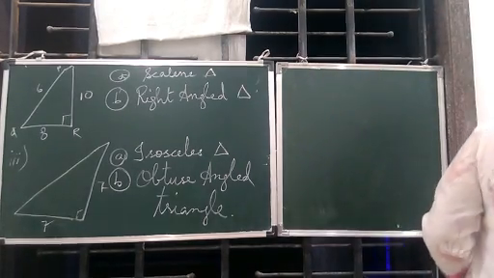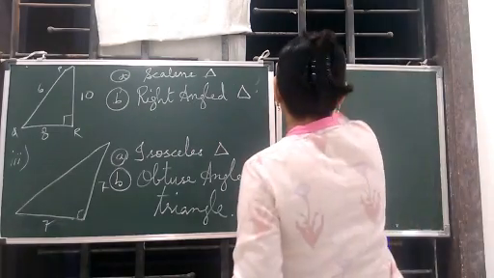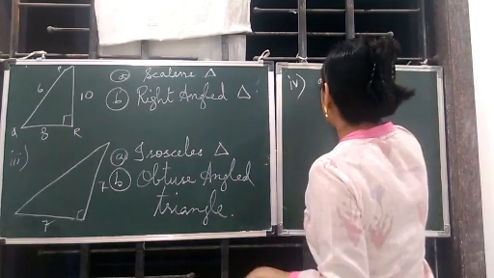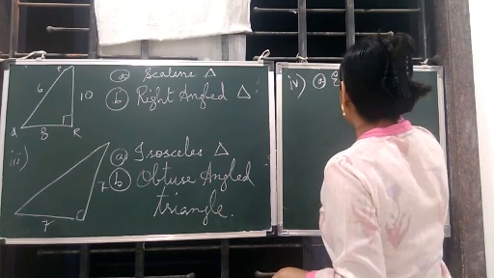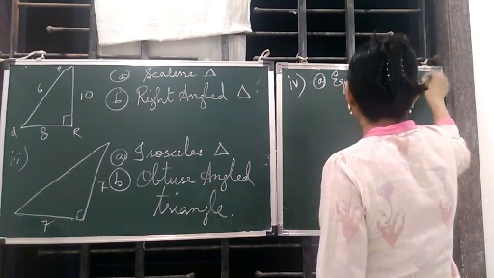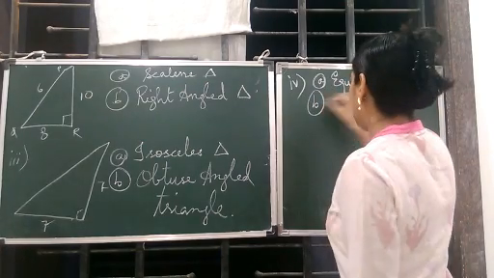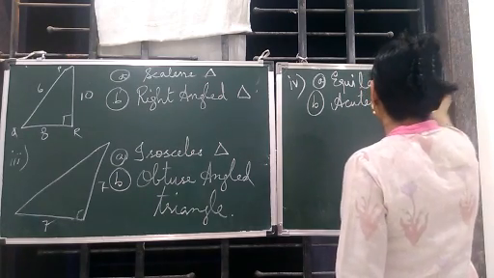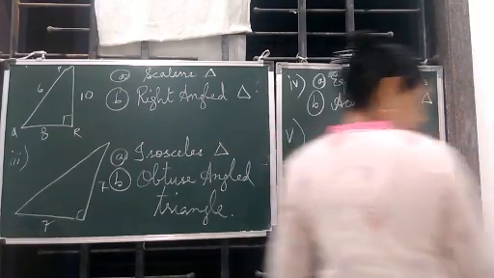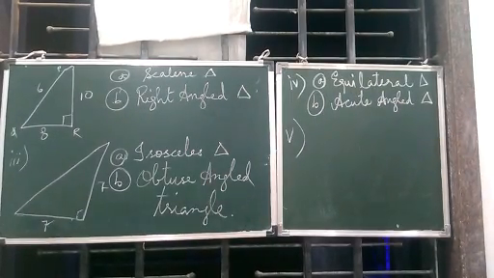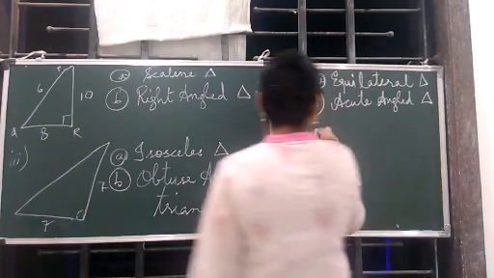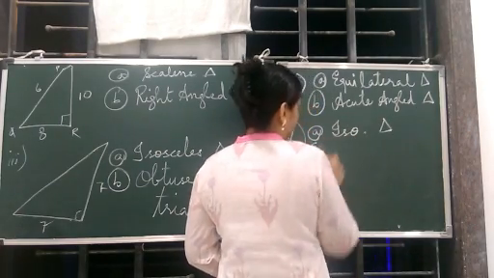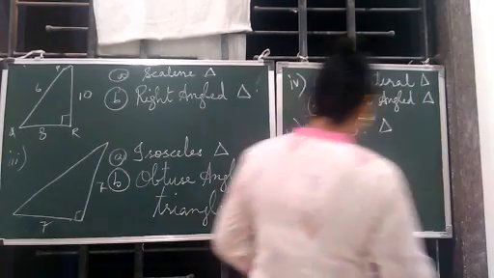Okay, children, then let's go to the fourth one. Now I'm not making the diagram. All sides are same. So according to the side, it is equilateral triangle and all the angles are smaller than 90. So acute angled triangle. Then fifth one is isosceles because two sides are same. One angle is greater than 90.